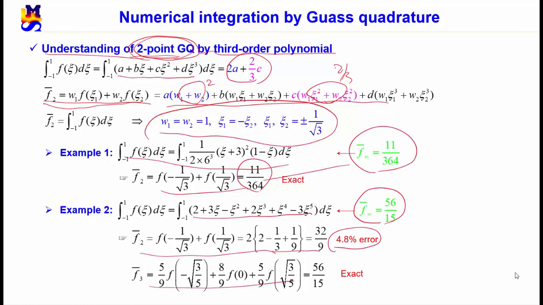In contrast, three-point Gauss quadrature gives us the exact solution for this case, as can be seen here from this example. It is known that the n-point Gauss quadrature rule predicts the exact solution if the integrand is a polynomial of degree 2n minus 1 or less.